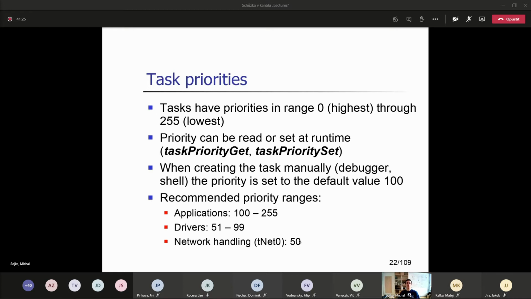The reason to have priorities like this is that, for example, if you have an application with the highest priority in the system, and there is a bug in your application, for example just an infinite loop, in real-time operating systems it would mean that nothing else would be able to run because there is an infinite loop in the highest priority task.